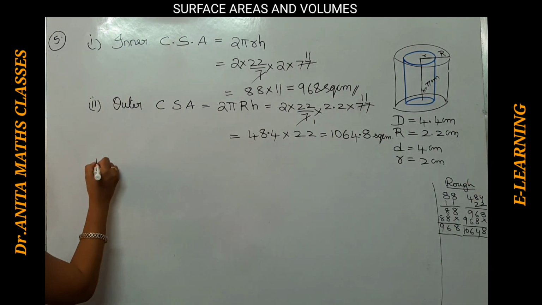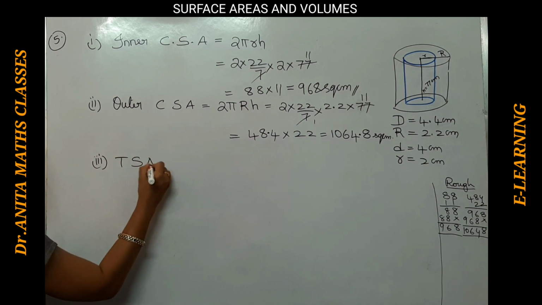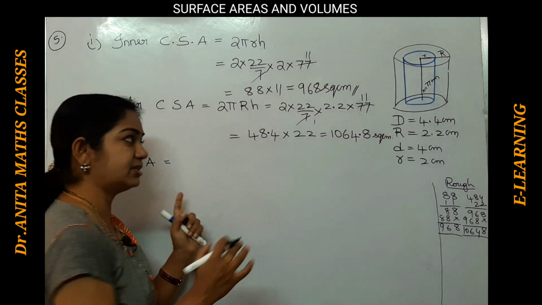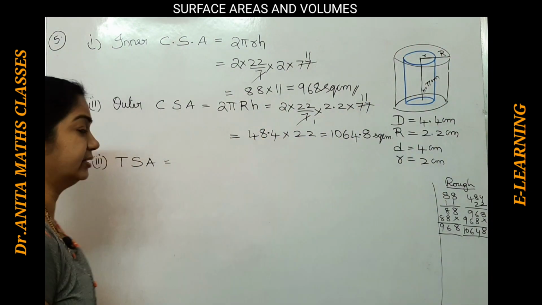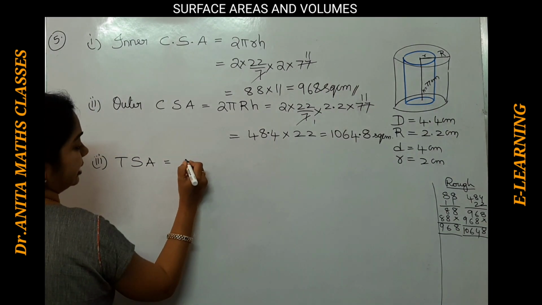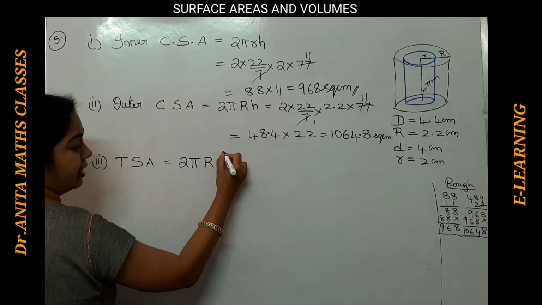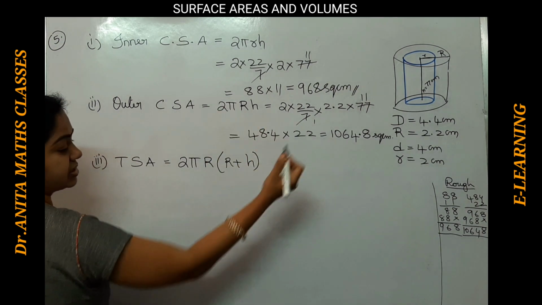Now the third portion asked is the total surface area. Here the total surface area of the outer cylinder we have to consider. The formula is 2 pi R into R plus h, taking capital R, because here we are considering the outer cylinder.